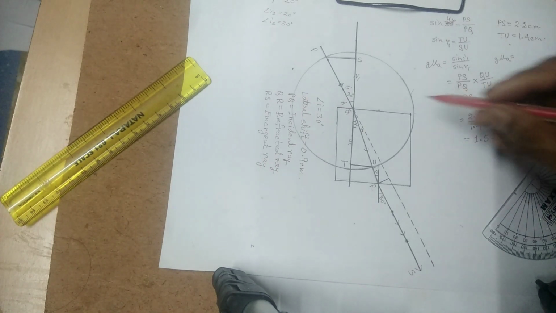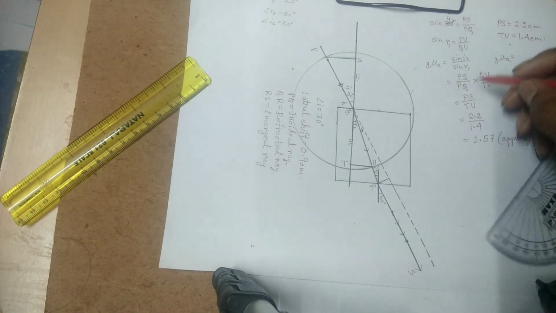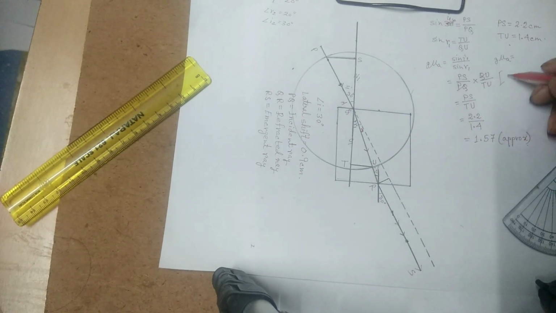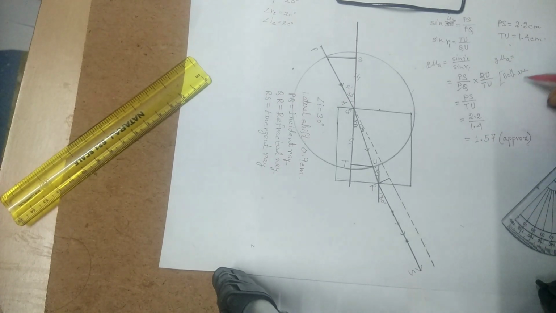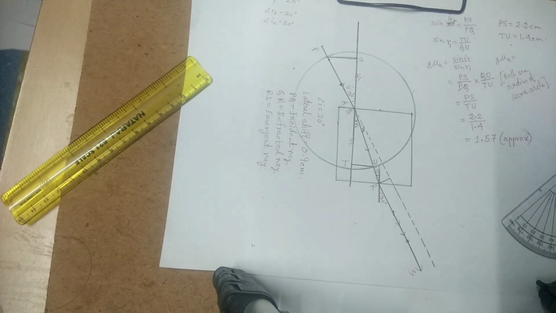Now you find that PQ and QU both are radius of the same circle, so they will cut. Right?